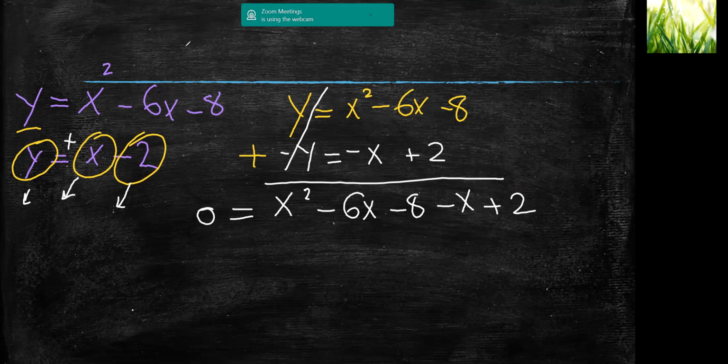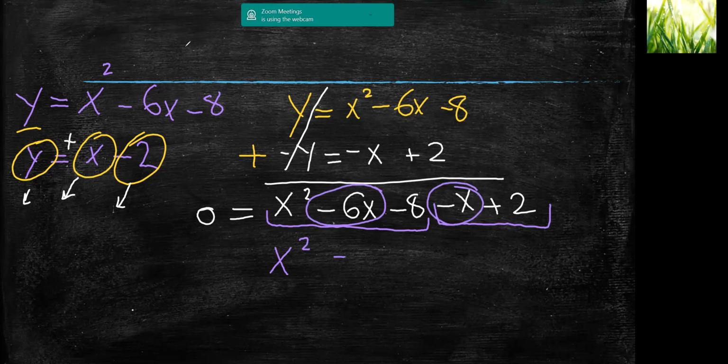I mean, I wrote this one here, then I wrote this one, I combine them in one equation, then I simplify them. Like x squared, minus 6x minus x is minus 7x, and minus 8 plus 2 is minus 6, equals 0.